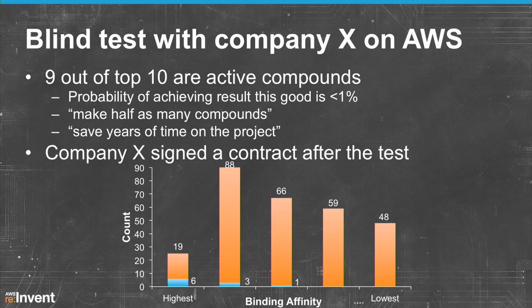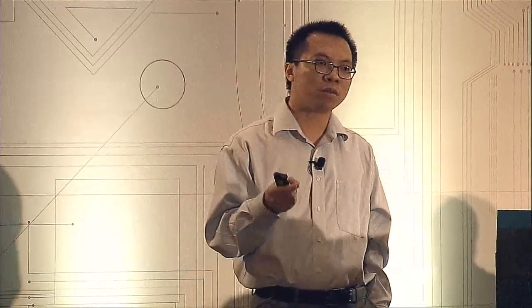So 9 out of the top 10 compounds we picked are very active compounds. And the probability to achieve this result by chance is less than 1%. Their scientists said even one active compound would make the medicinal chemists really happy.